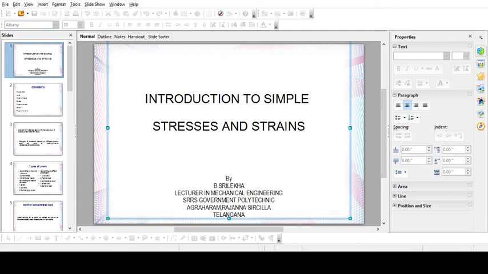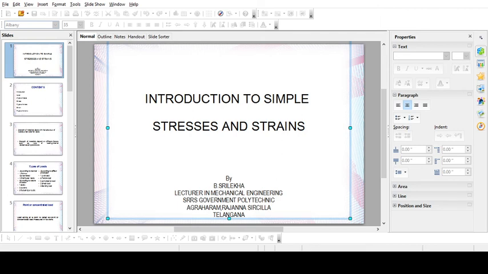If the body is subjected to elongation due to this load, it is called tensile stress. You can write tensile stress equal to tensile load by area of cross section. Here the area of cross section, if it is a circular bar, is pi by 4 d square. If it is a rectangular bar, then it is simply L into H.